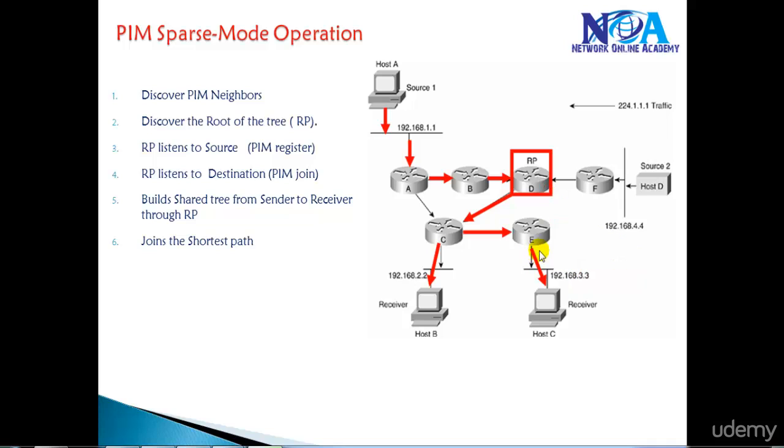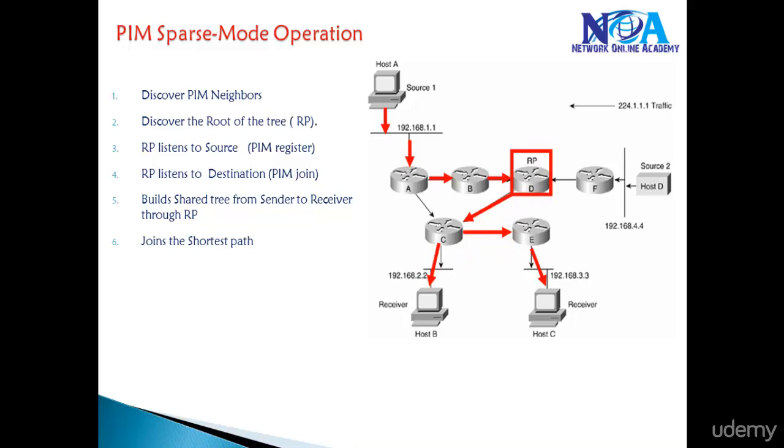Let's say this router is going to send, I have a receiver here, it's going to send an entry, and they are going to join star comma G entries and then star comma G entries towards the RP here. Now at this point, all the downstream routers towards the receiver from the RP will have S comma G entries.